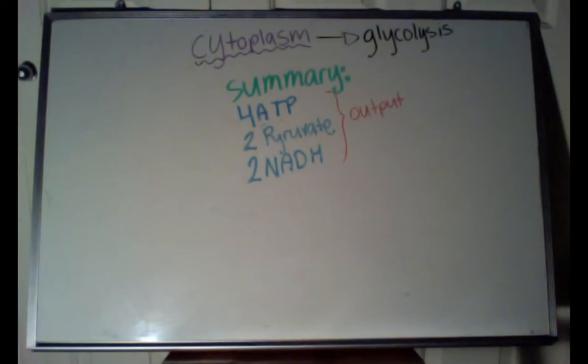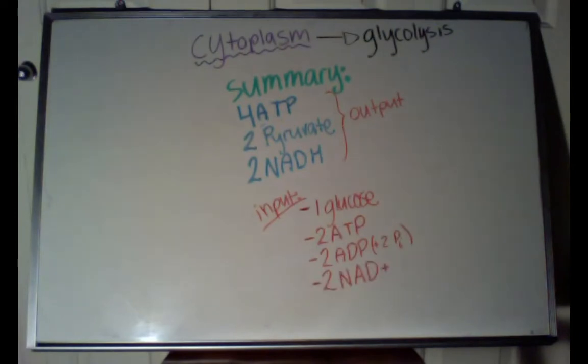This is our output. But our input, remember, was our 1 glucose, our 2 ATP, and our 2 ADP and their corresponding phosphates, and our NAD+. However, mid-glycolysis, remember, these ATP broke up into our ADP and our phosphates.